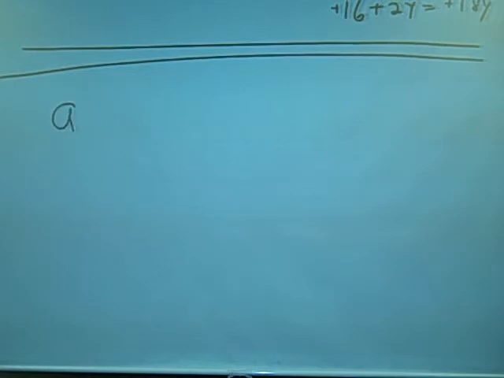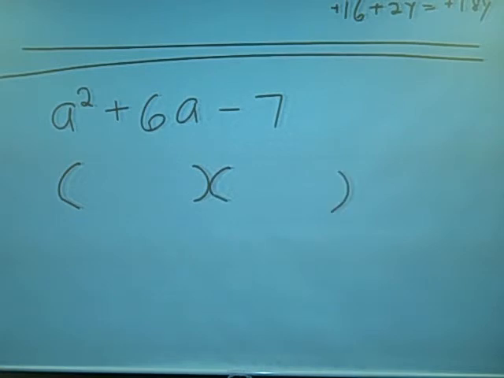Well, how about something like this? A squared plus 6a minus 7. All right, try that one. Well, the factors of 7 can only be 1 and 7, right?